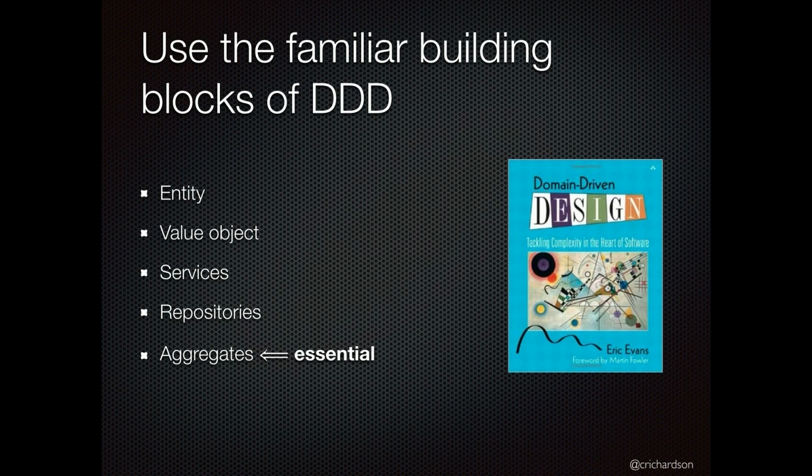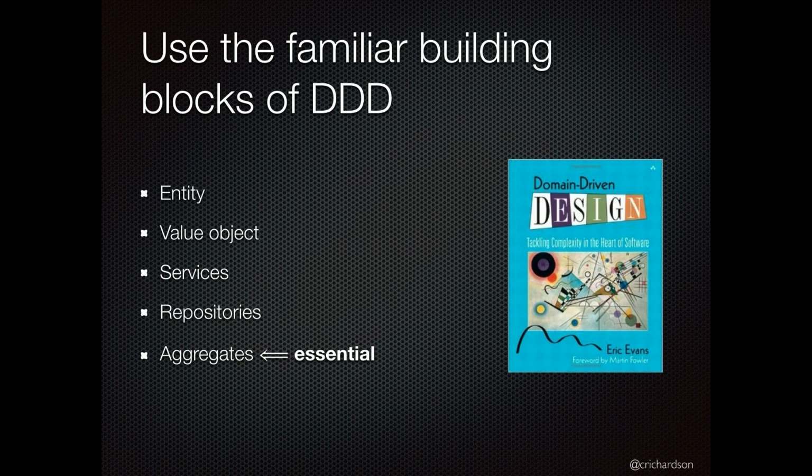So the book describes a set of building blocks, which are roles that objects play. There's an entity object, a persistent object that has an ID. So that could be an account, an order, a customer, and so on. Then there are also value objects, which are objects that don't have any identity. They're just like little wrappers around values. So you could have a money object that has an amount and a currency.